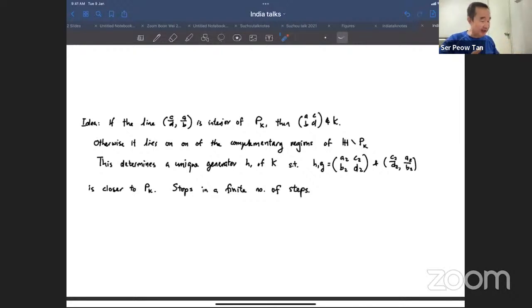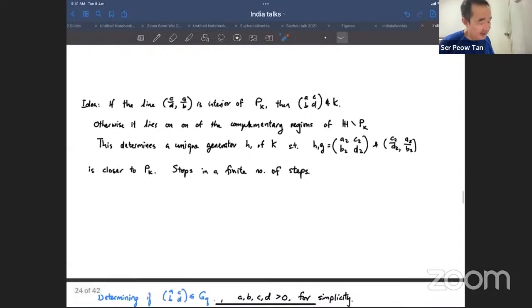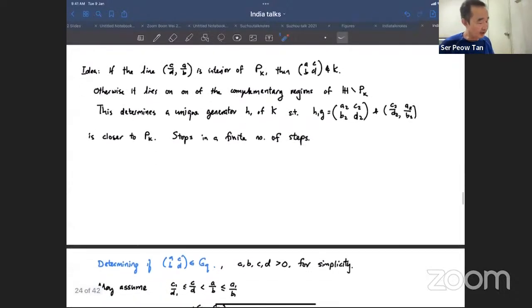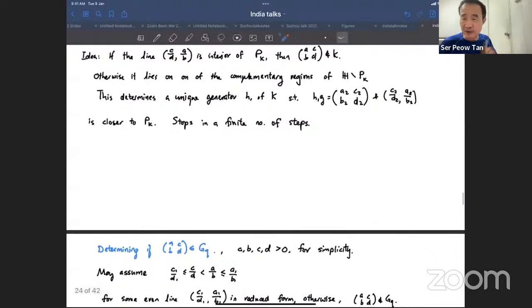So in that case, after a finite number of steps, you can determine whether it is inside K or not. Like I say, it's not very difficult. It's fairly easy to implement this in code, and I believe that some of the previous speakers have done this. Okay.